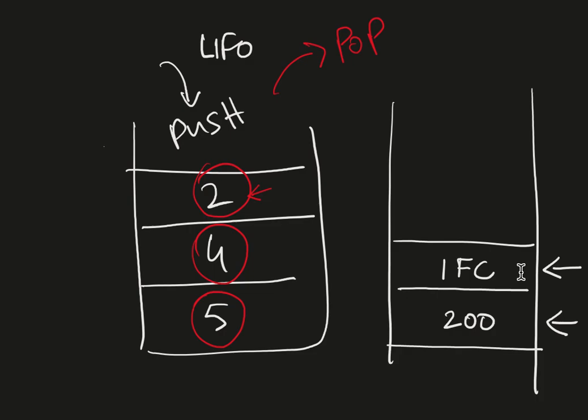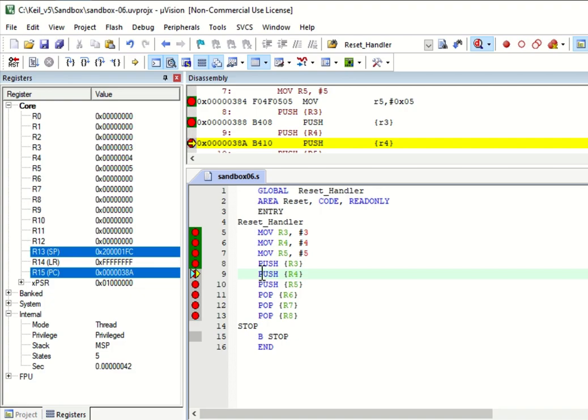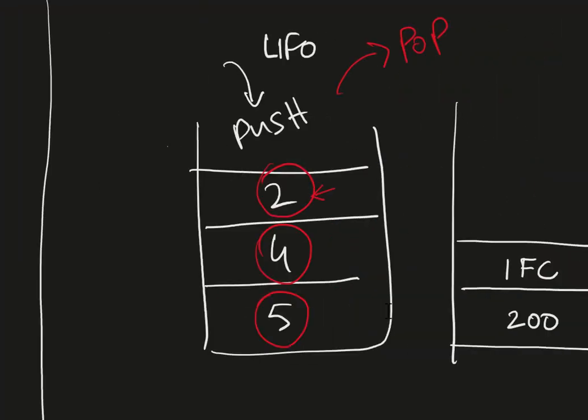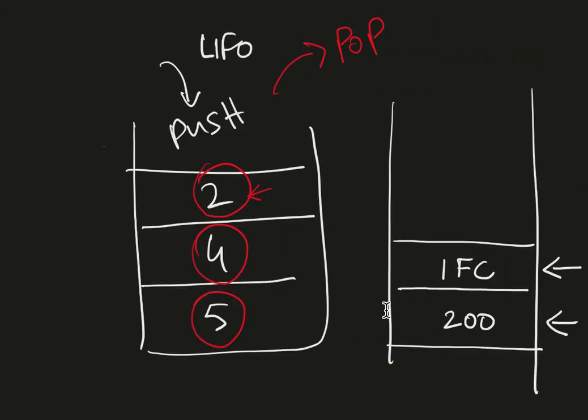And in my stack now, I have the value that was pushed in the stack, what was stored in R3, which was the number 3 itself. Okay, so I am going to write it here in red. So I've pushed a value in the stack. There's that value, and my stack pointer has moved. It has decremented 4 bytes.